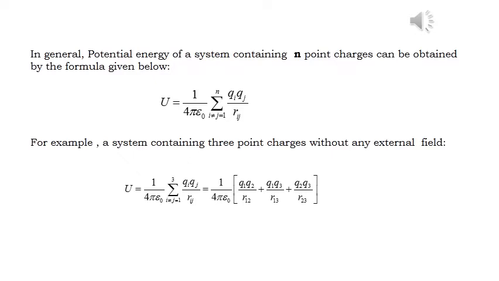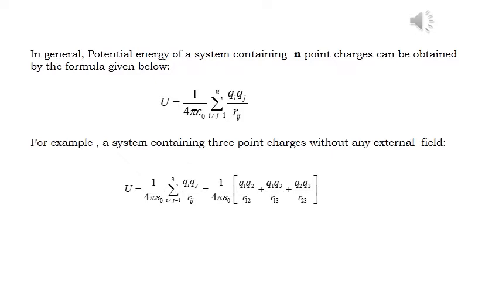As a general result, the potential energy of a system containing n point charges without any external field, very important, without any external field, is U equals 1 by 4 pi epsilon naught times the summation of qi qj by rij, where i and j are different but vary from 1 to n.